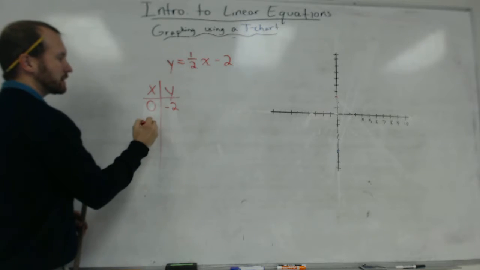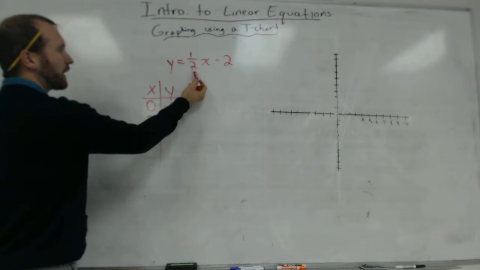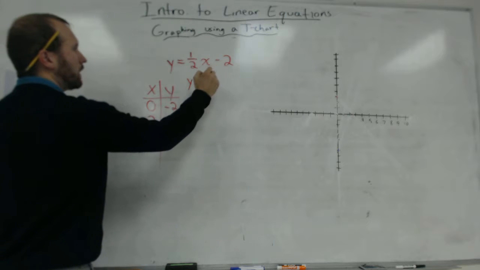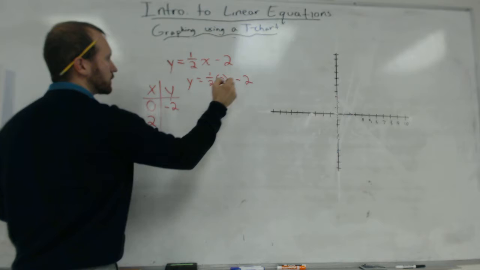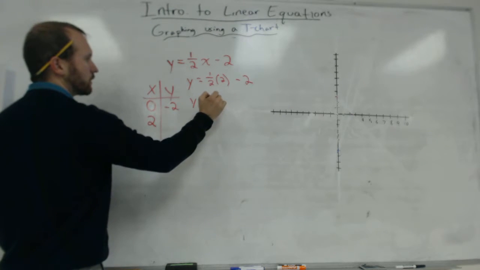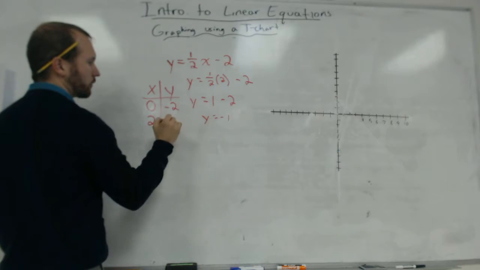So what if I just plugged in 2 for x? If I plug in 2 for x, y would be 1/2 times 2 minus 2, which equals 1 minus 2, so -1.